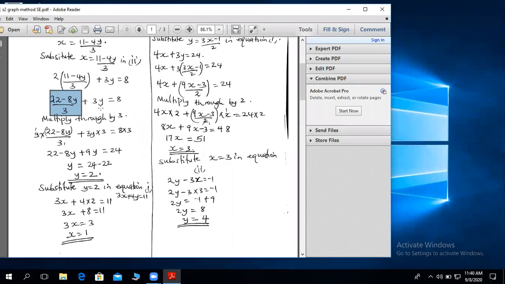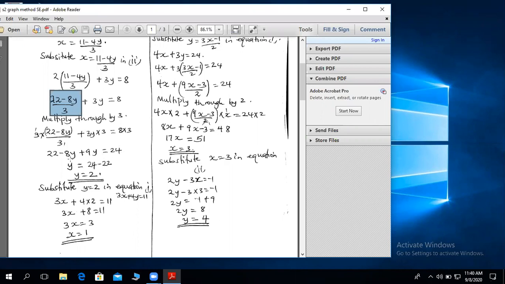I'm multiplying everything by 3. So this will also be 3y times 3, which is equal to 8 times 3. The essence of multiplying by 3 was to eliminate the fraction. So I now have 22 minus 8y, then plus this becomes 9y, equal to 24, 8 times 3.